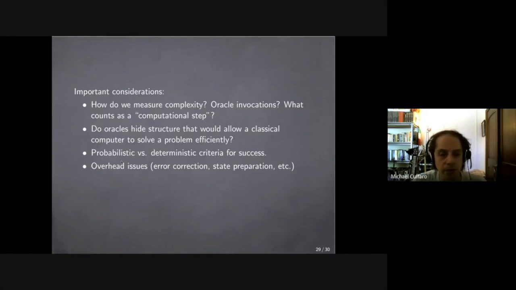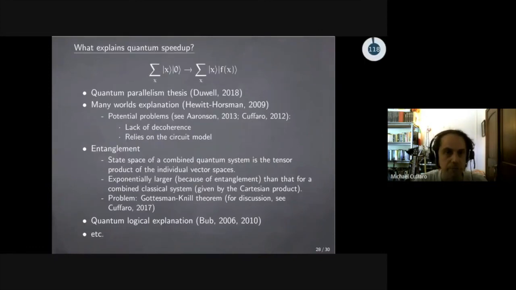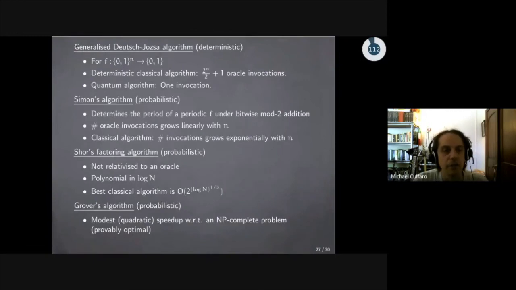Another consideration is that we need to compare apples to apples and oranges to oranges. So the generalized Deutsch algorithm: a deterministic classical algorithm requires this many oracle invocations, whereas a quantum algorithm only requires one. But you can do a lot better if you have a probabilistic classical algorithm. With respect to the oracle, that's important because there's a subtlety that I'll mention tomorrow.